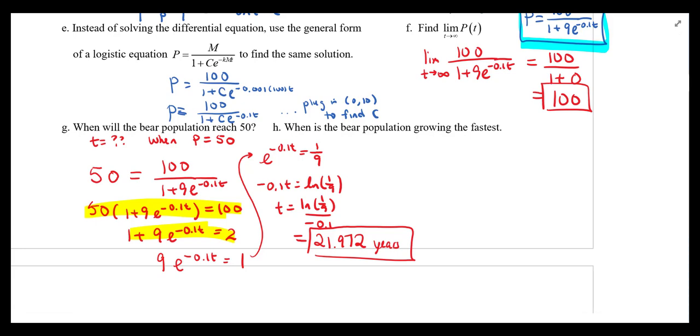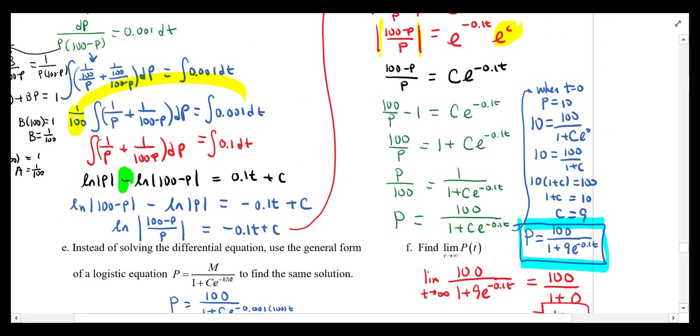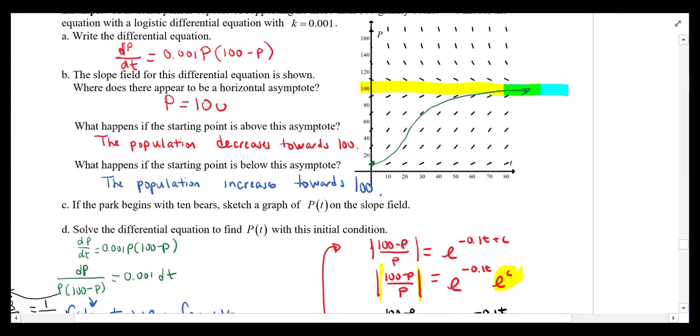Now, for part H, it just says, when is the bear population growing the fastest? If you look at the graph, the place where it's growing the fastest is probably where you have the largest slope, probably right about here. So how do we find the maximum slope?